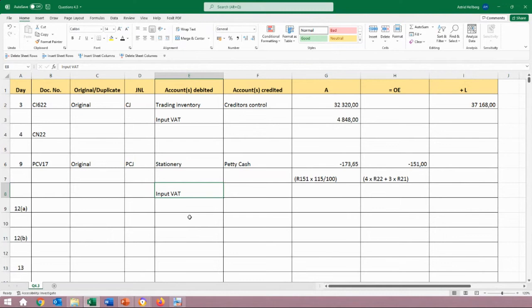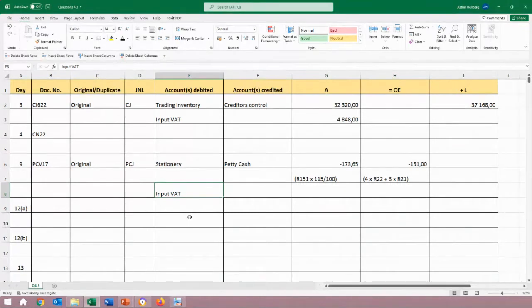Okay, next question. Input VAT. What type of account did we say it is? Is it an asset, owner's equity, or liability account? Okay, Refilwe says it's an asset account. Yes, Lesedi, Mkhubele, absolutely correct. It's an asset account.